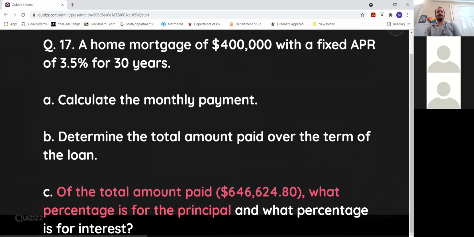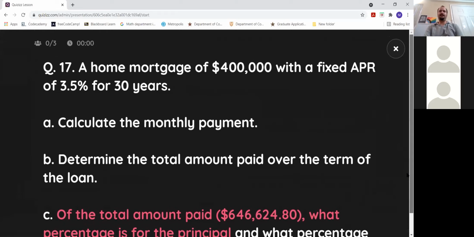And what's the next thing? Oh, the total. What percentage of that was principal? Remember, your loan principal is how much you're starting off.